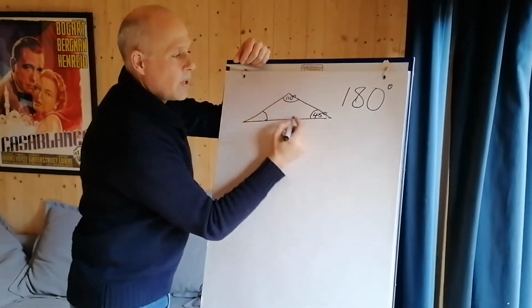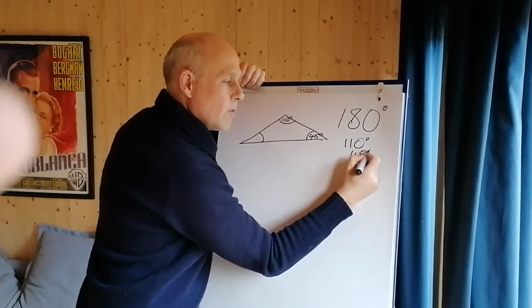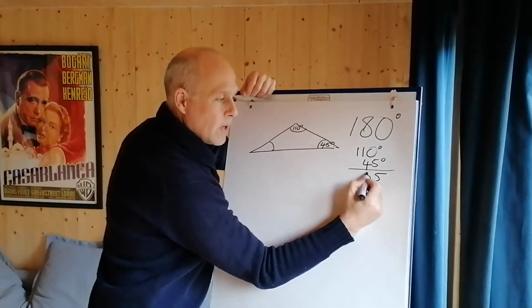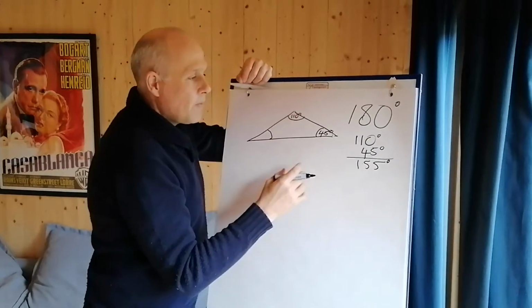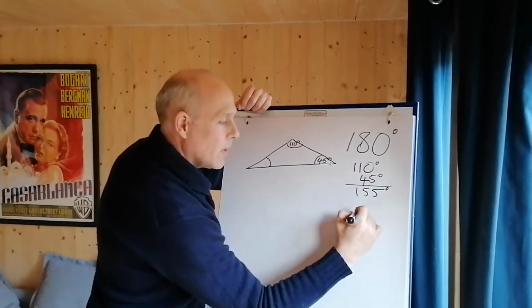So the total of 110 degrees and 45 degrees equals 155 degrees. Therefore, we take 155 degrees away from our 180.